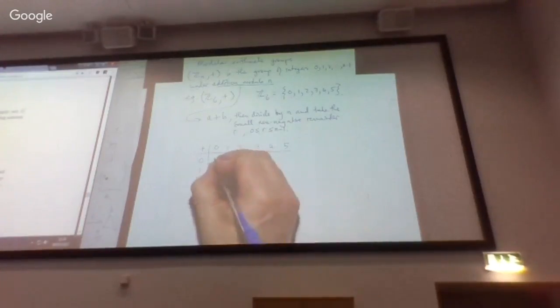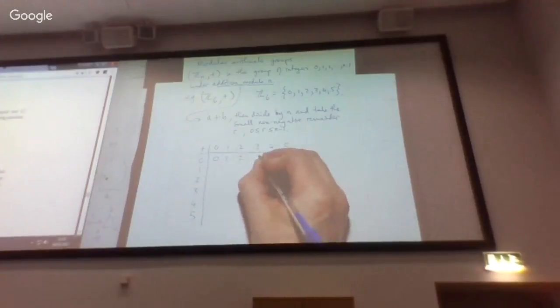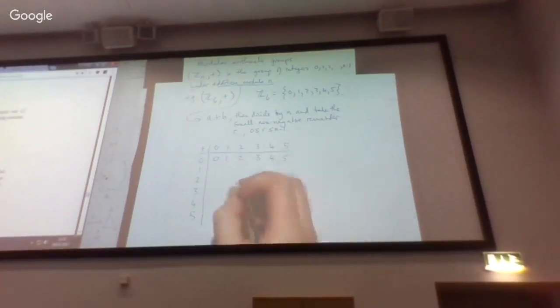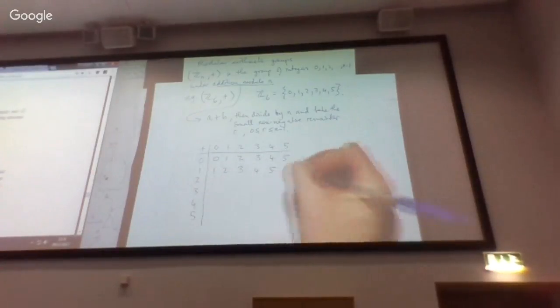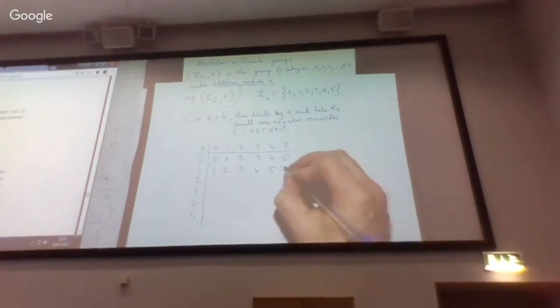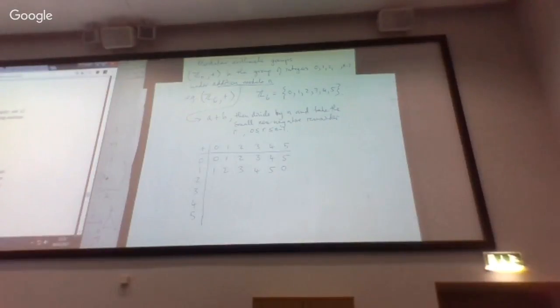So when you add 0 to something, it doesn't change, of course. You add 1 to something, it increases it by 1. And of course, 5 would increase to 6, but you can divide 6 by 6 and you get a remainder of 0. So the result of adding 1 and 5 modulo 6 is 0.